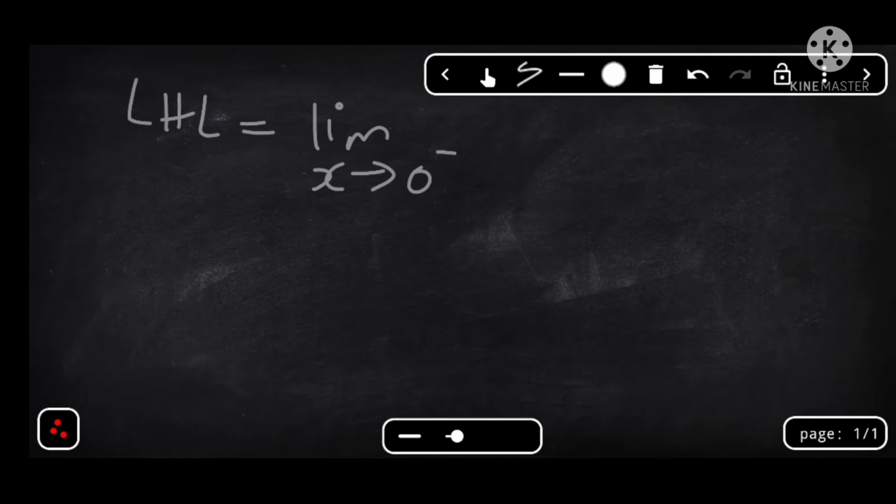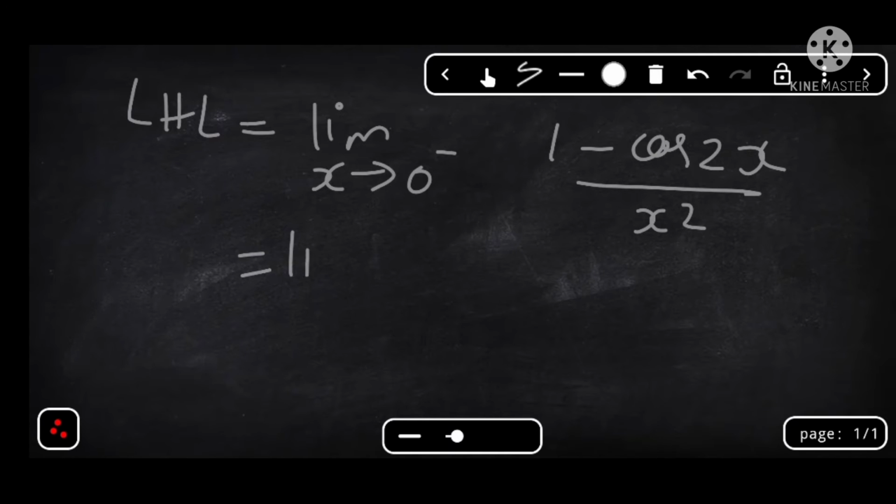If it is 0 minus, then our function is 1 minus cos 2x by x square. So we will be substituting h tends to 0, 1 minus cos of 0 minus h, which is the same as h.